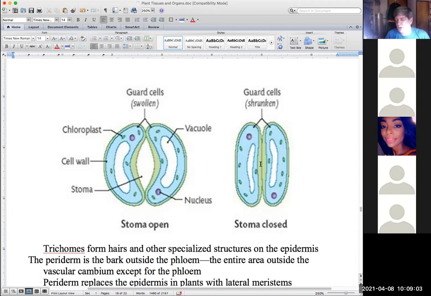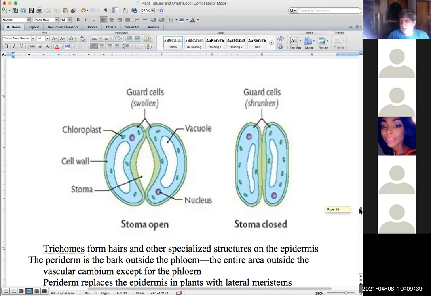That central vacuole, when it shrinks, doesn't push these inner cell walls open. So they clump together and they close. So if the plant has access to a lot of water, the stoma will be open. If it doesn't have enough water, the stoma closes. But it's strictly a chemical, physical process. So we'll look at a little bit of the chemistry tomorrow, but we won't do that today.